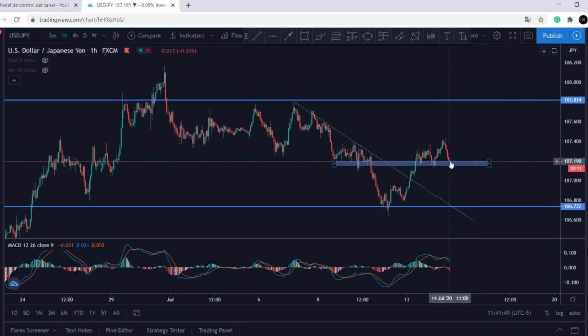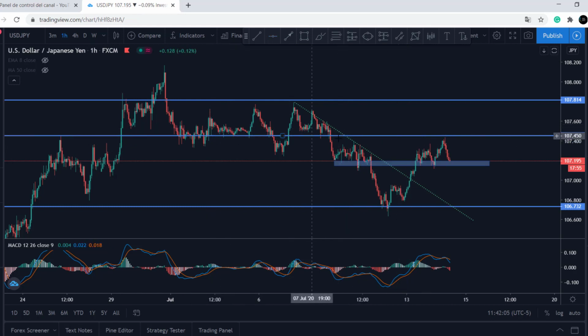And if it doesn't, the price is going to go up to touch this resistance. So let's find, here we have another resistance area. Let's look at this shadow.